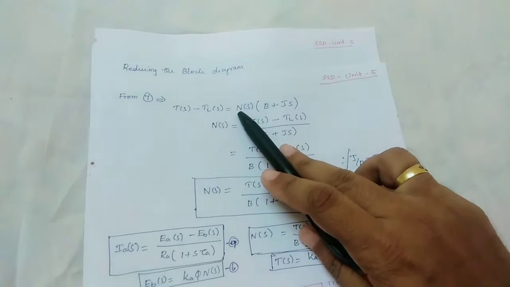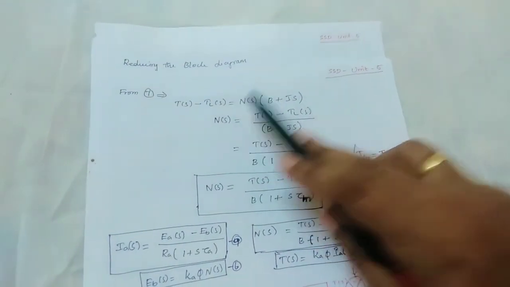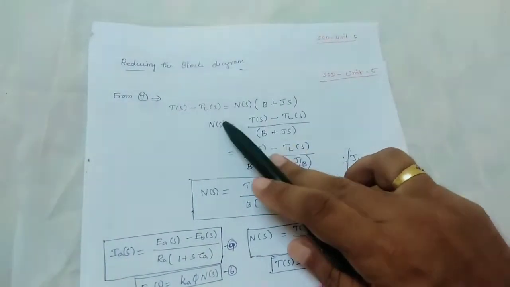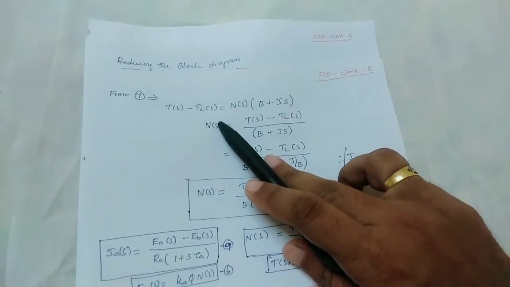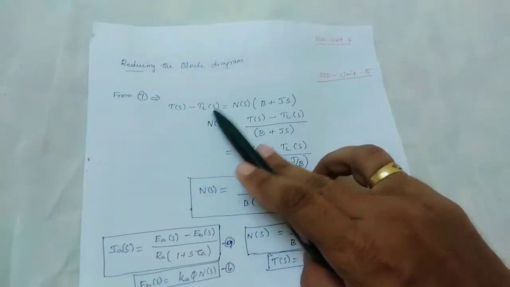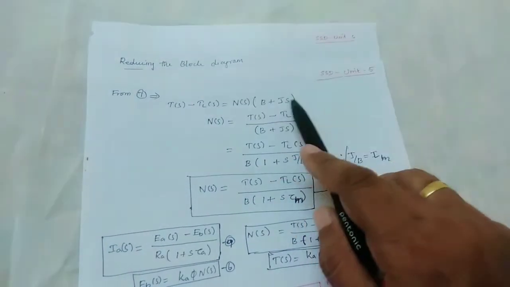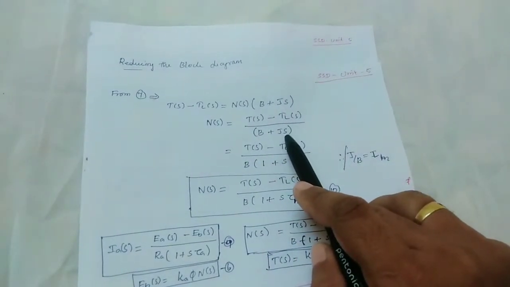From this term, N of s is taken as common. So the remaining term is T of s minus TL of s divided by B plus J of s.